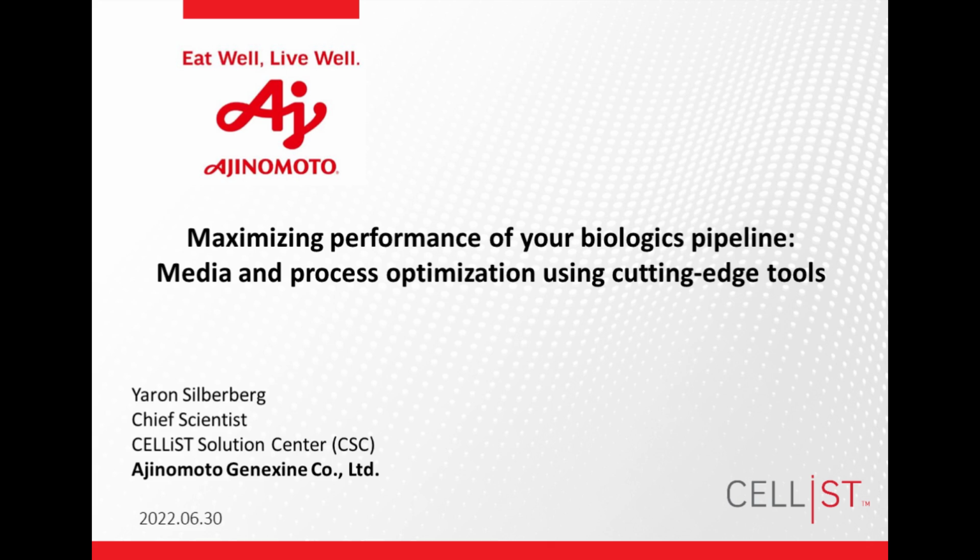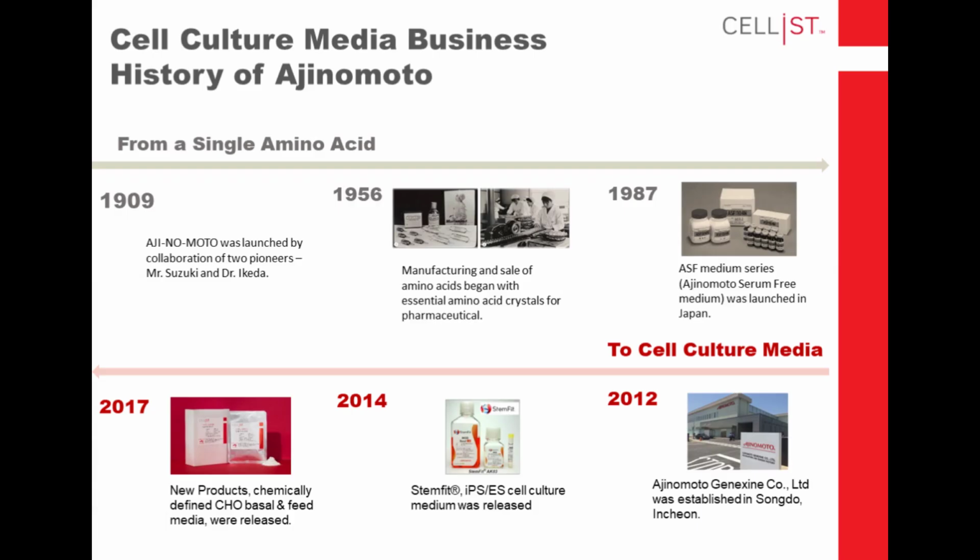So a few words about Ajinomoto Genexine. We are a joint venture between Ajinomoto, the global food and amino acids manufacturer and developer, and Genexine, which is a Korean biopharma company. And I will quickly show some history about Ajinomoto. Ajinomoto is a Japanese company established over 100 years ago, and it's a world leader in development and manufacturing of amino acids.